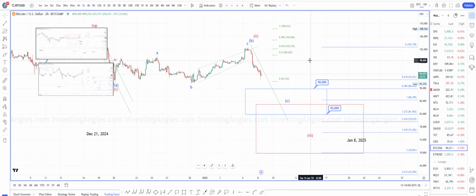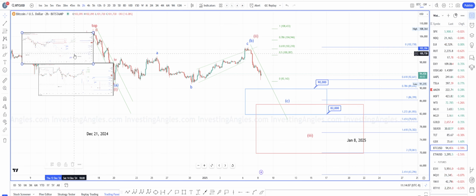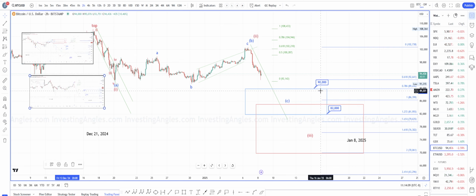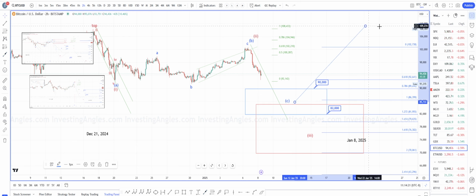All right, so this is Bitcoin, and this is what we are seeing as a target. So the next target is 90 to 82K, and this would be a happy path scenario if Bitcoin reverses here and moves here.